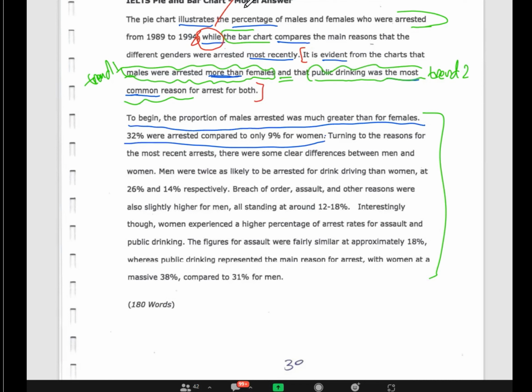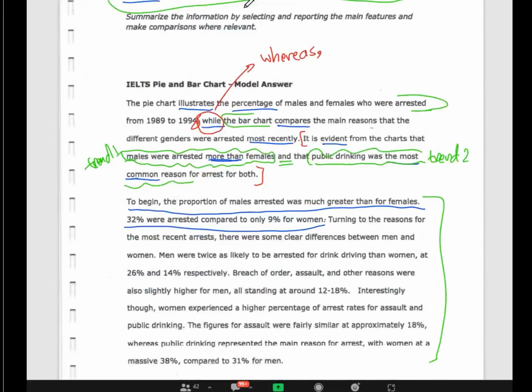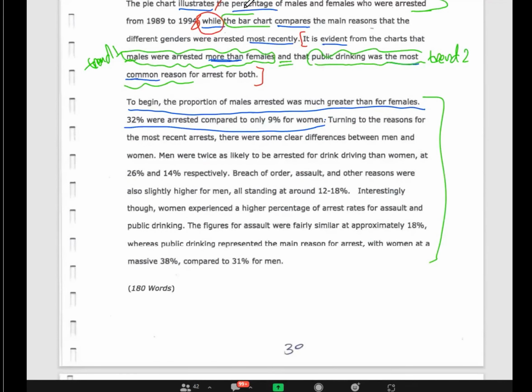To begin, the proportion of males arrested was much greater than for females. General. The percentage of males was bigger than females. 32% were arrested compared to only 9% for women. Specific. That's it, because there is nothing more to say about the pie charts. More things are to be said about the bar chart.